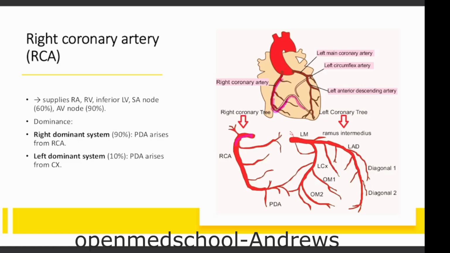So here you can see it again. So hope this point is clear. As mentioned, left dominance, that is the posterior descending artery arising from the circumflex, occurs only in 10% of cases. 90% of the patients are right coronary dominant. Hope you understood this point.